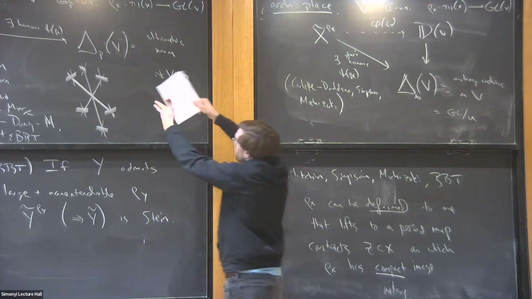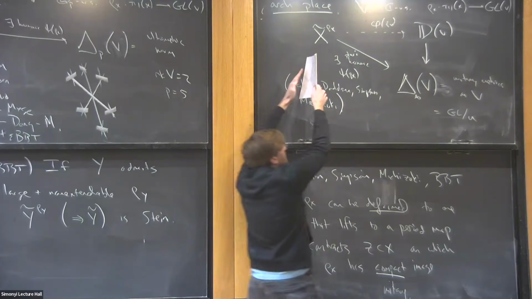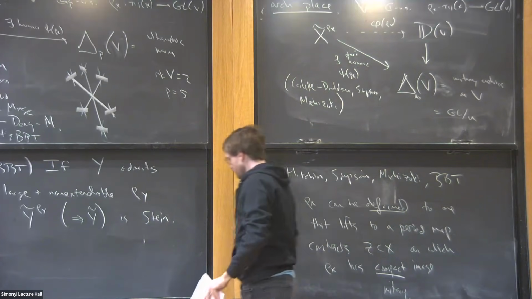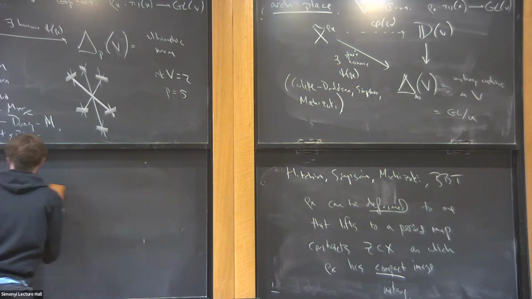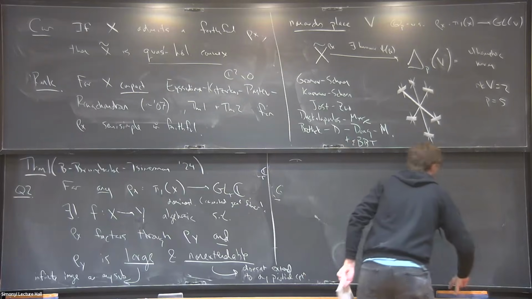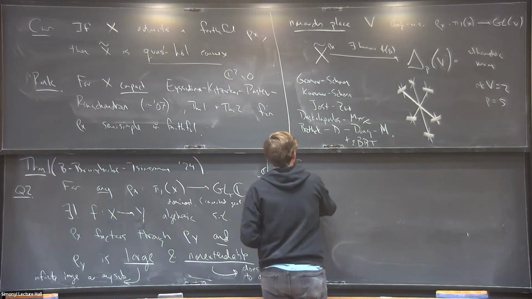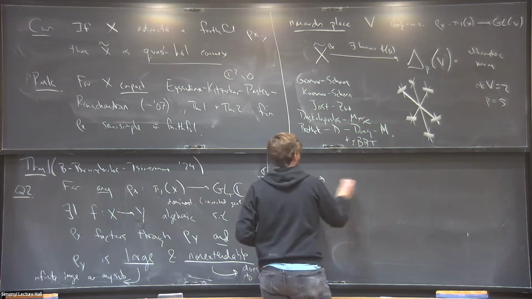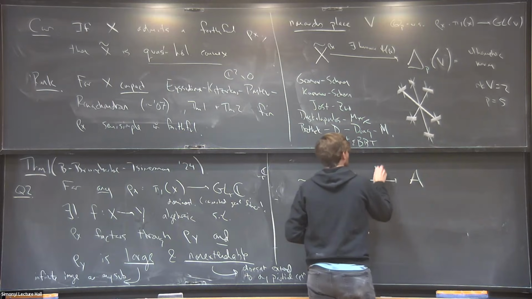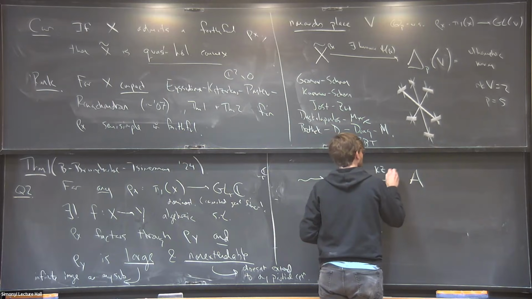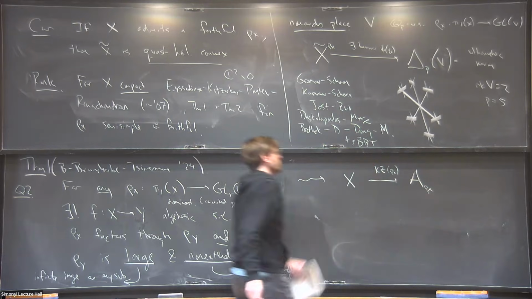Once again, this is not a holomorphic object. So I would like to get a holomorphic map. The story is a bit different in this situation. What one shows, basically because of the locally Euclidean structure, is that there is an algebraic map from X to, I'll just call it A. This is called the Katzarkov-Zuo reduction.